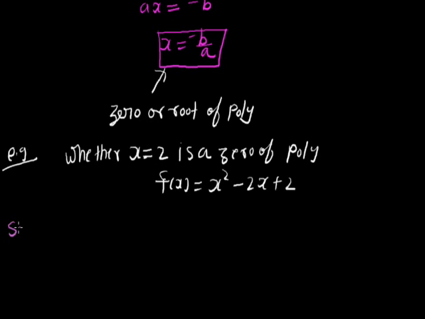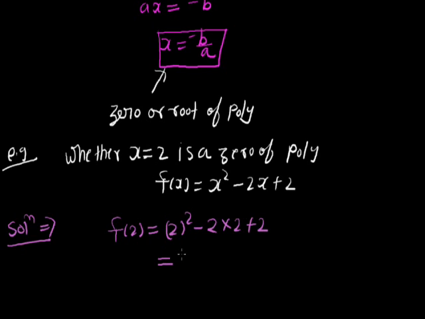If we come to the solution of this question, I simply substitute x is equal to 2 in the place of x, then I get f of 2 is equal to 2 square minus 2 into 2 plus 2.